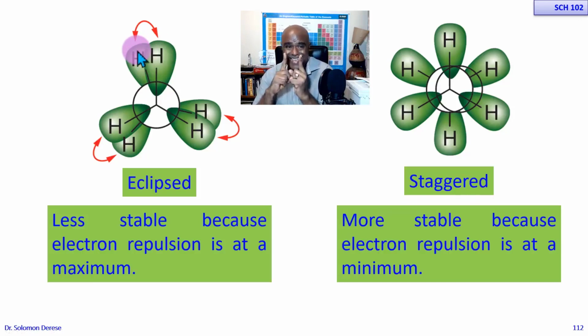One is eclipsing the other. As a result of that, there is going to be an electrostatic repulsive force between the electrons of the carbon-hydrogen bond. So the eclipsed conformation is less stable because the repulsion between the electrons of the carbon-hydrogen bonds is at maximum.